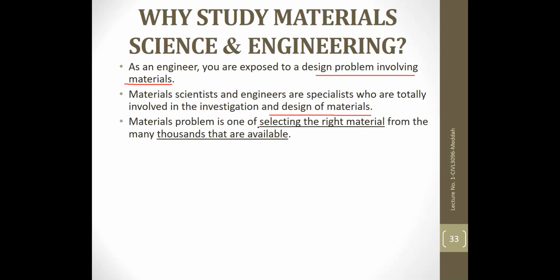The materials problem is one of selection of the right material, selecting the right material from many thousands that are available. So your job as an engineer, once you design your structure, is to choose which materials you have to recommend to be used for the construction.